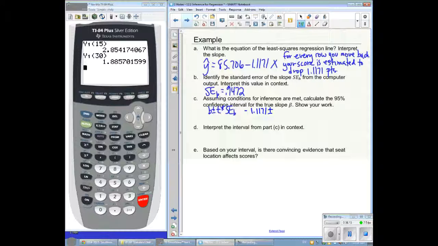Plus or minus. Now remember, the T that's listed in the table or listed in the output is not the T that we would use for the confidence interval. So how would we figure out the critical T value for our confidence interval? What information do we need to know? The degrees of freedom and the confidence level, right.